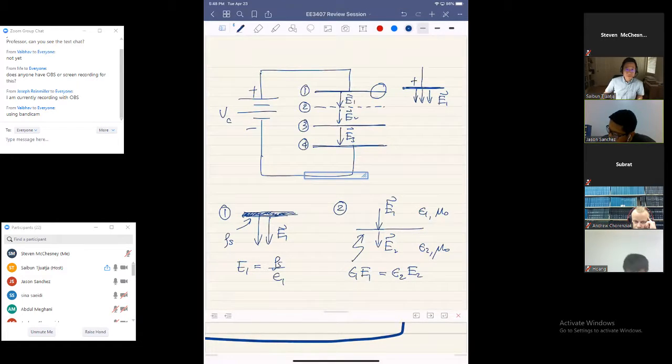You have to flip your computer. That doesn't work, so let me do this. I'm afraid it may not look as good. You can see me pointing.